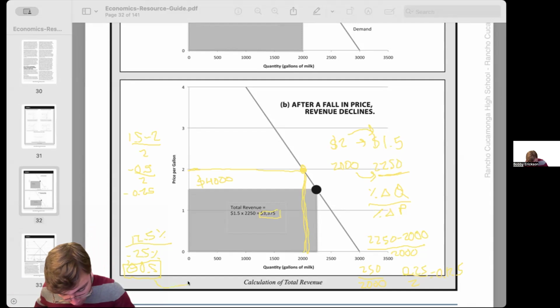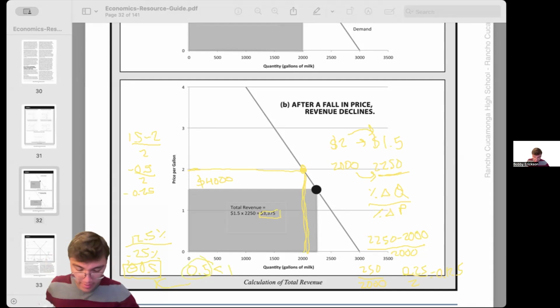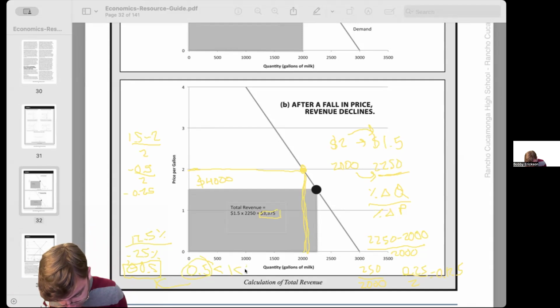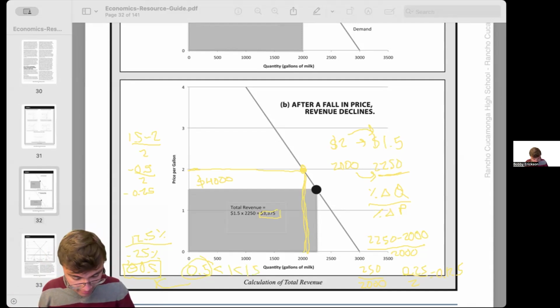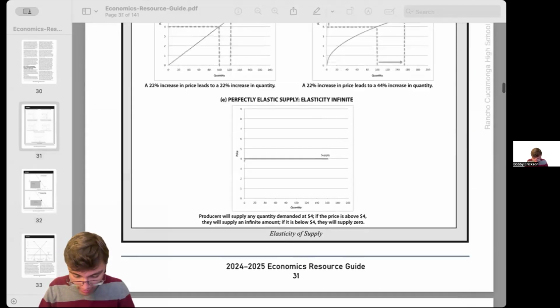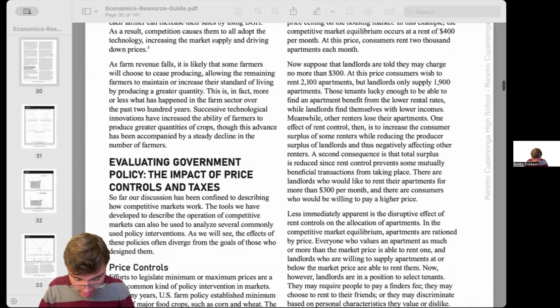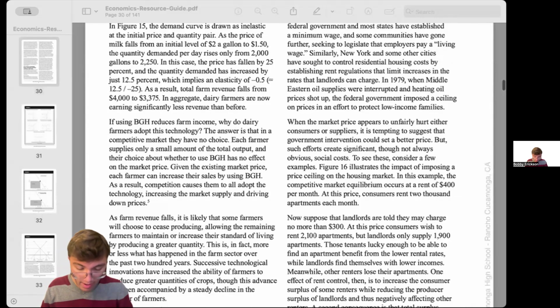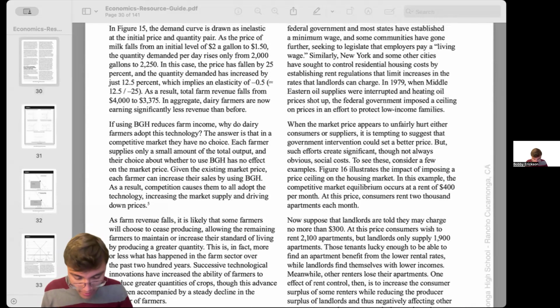But 0.5, the absolute value here, is less than 1, and so we can imply then that it is inelastic. And so if it was greater than 1, so say like 1.5, then we would know that it is elastic here. And so we just went through how to solve for elasticity and overall how this impacts revenue.